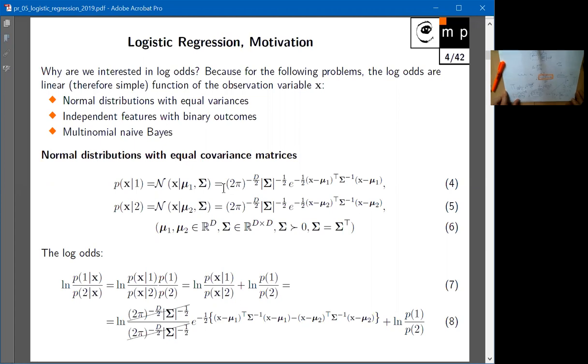So we can write this as the product of 1 over 2 pi to the d/2 times e to the minus 1/2 (x minus mu) transposed, the diagonal matrix D, (x minus mu). And so this will give us something like this. This could be a Gaussian which looks like that or like this.